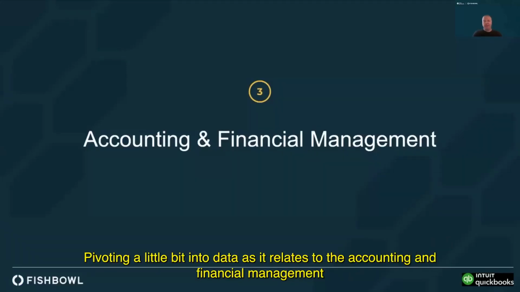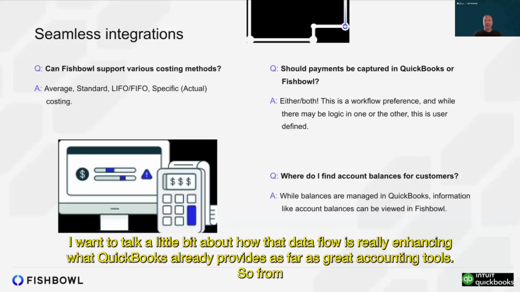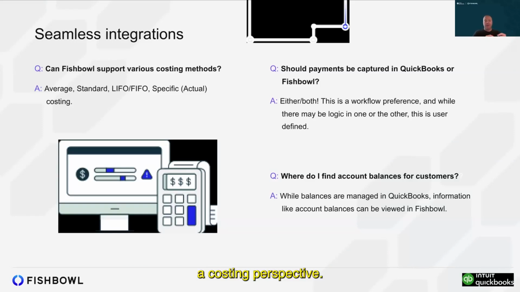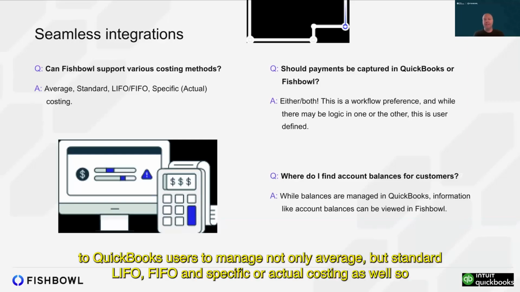Now, pivoting a little bit into data as it relates to accounting and financial management, I want to talk about how that data flow is enhancing what QuickBooks already provides as far as great accounting tools. From a costing perspective, one of the things that we talk about often are the capabilities that Fishbowl extends to QuickBooks users to manage not only average, but standard, LIFO, FIFO, and specific or actual costing as well.